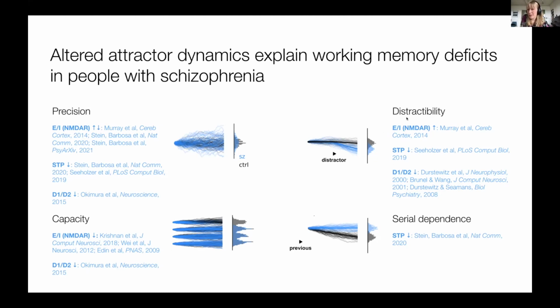So here, when speaking about EI, I mostly mean NMDA receptor-based changes, but it's not exclusive in any way. And also, short-term plasticity might depend on these other factors as well, so they're not independent mechanisms for all of them.